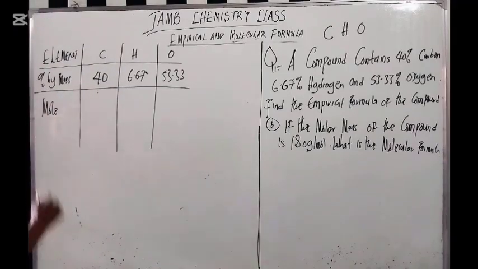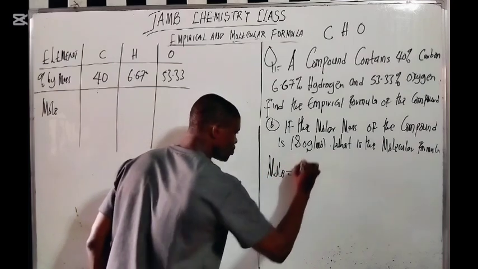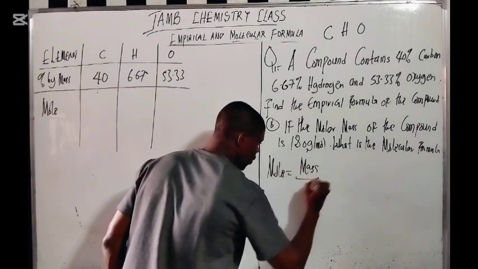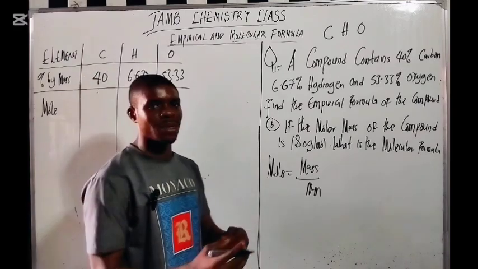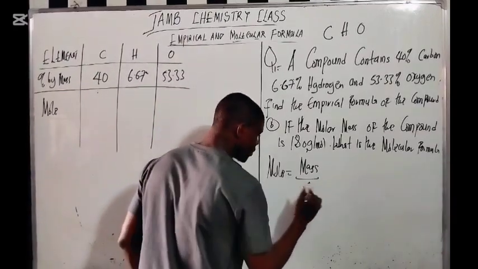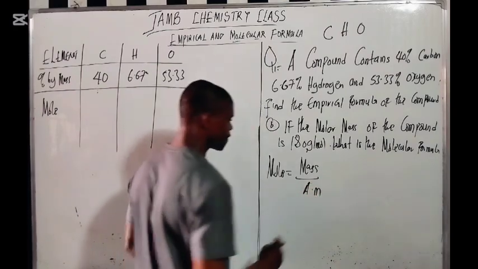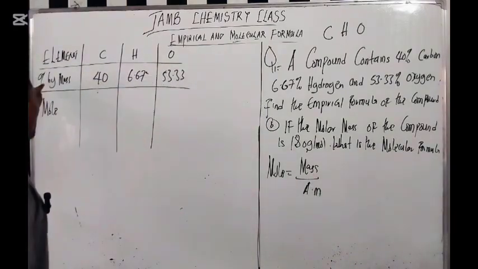So here we have mole. How do you calculate mole here? Mole is always equal to mass over molar mass. For this case, we are using the atomic mass because we only talk about one atom. So the mass we are going to use here is going to be the percentage, because here we have percent by mass.